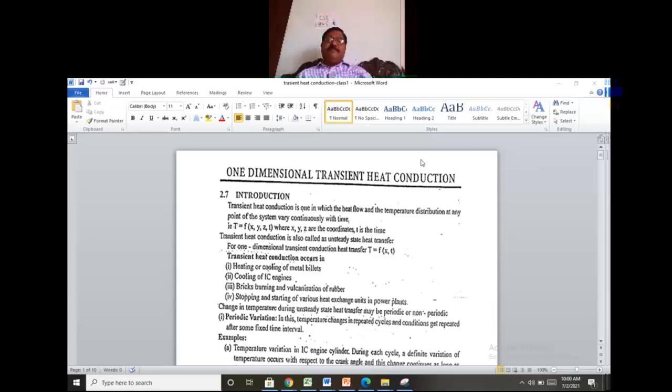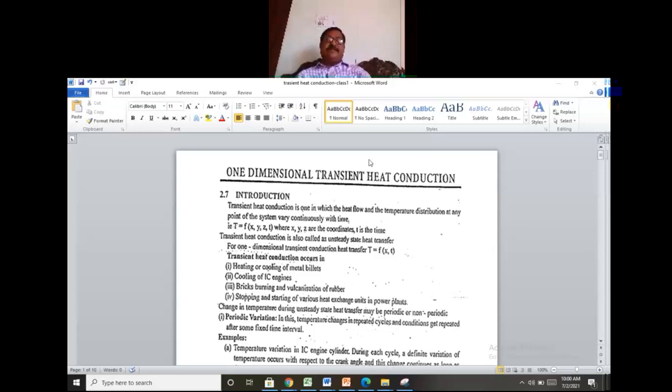The prime motive of any fin is to convey the heat from the base surface to the atmosphere, so that the heat transfer takes place. The transfer rate can be increased by using the extended surfaces.